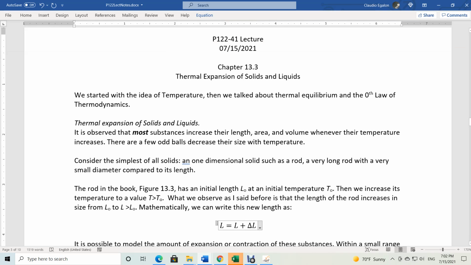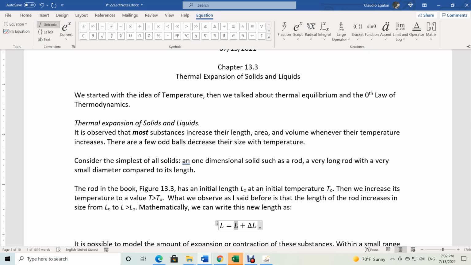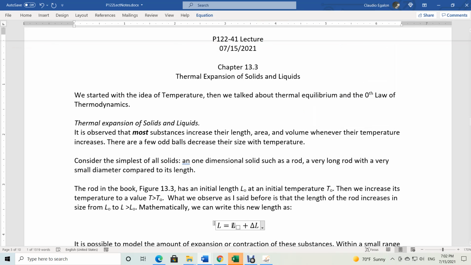That's how we start. Oh, and by the way, here is going to be L naught.